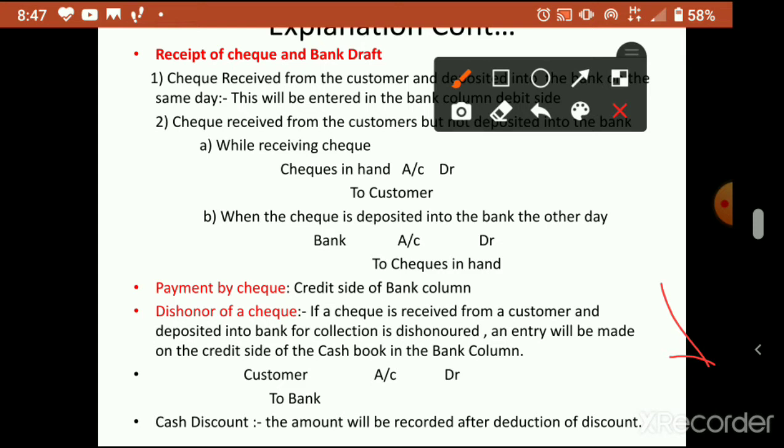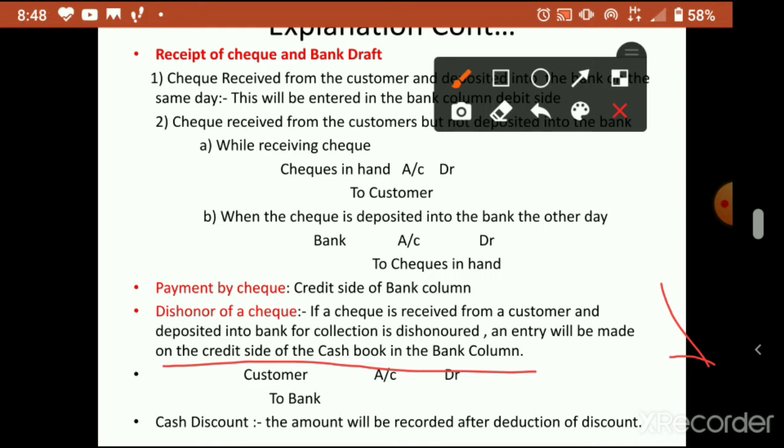If a check received from a customer and deposited into bank for collection is dishonored, an entry will be made on the credit side of the cash book in the bank column. So when I receive a check, what do I write? If I am depositing the same day, what do I write? Customer, bank account debited to customer.